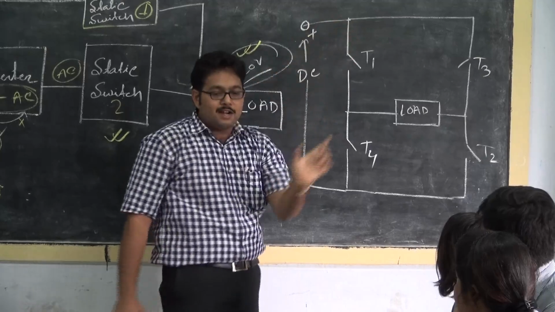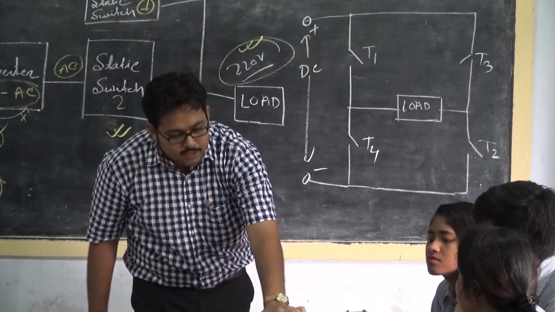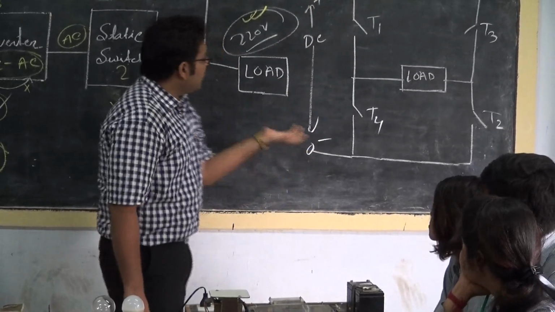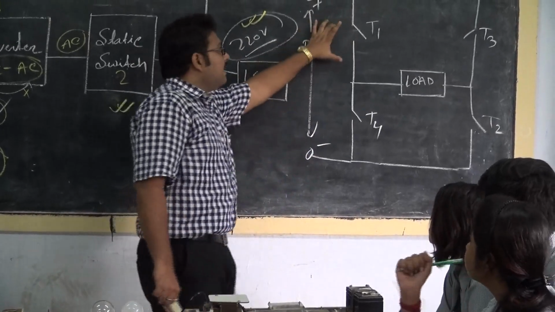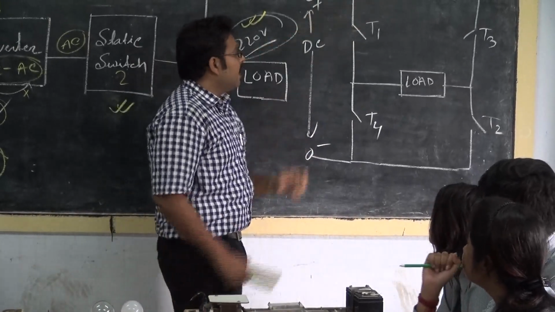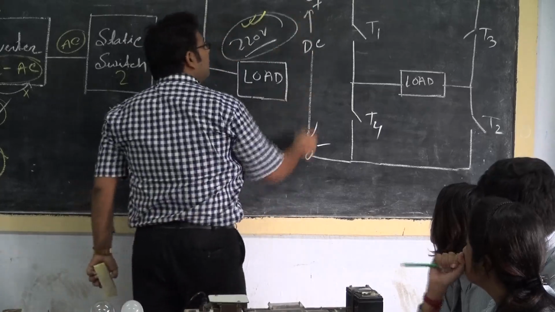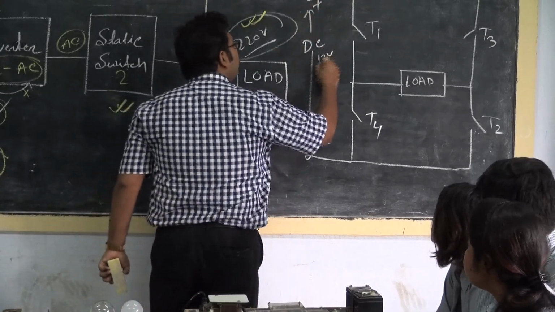A switch is nothing but a power electronics device. Here we are using MOSFET, or in many cases it is seen that we are using the SCR. So here the available DC voltage is 12 volt.